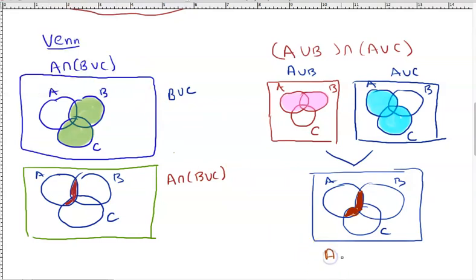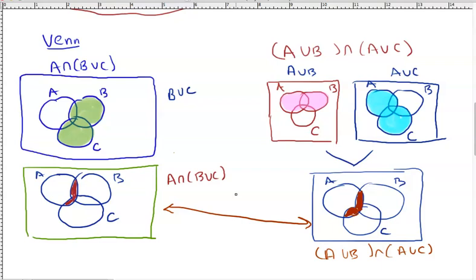This is A union B intersected with A union C. All right, now you compare and you say, oh, it's the same picture. That means these two sets are equal to each other. Okay, that's the Venn diagram for this problem.